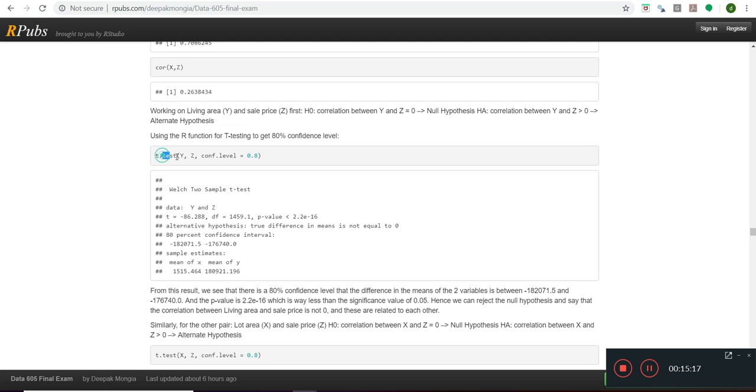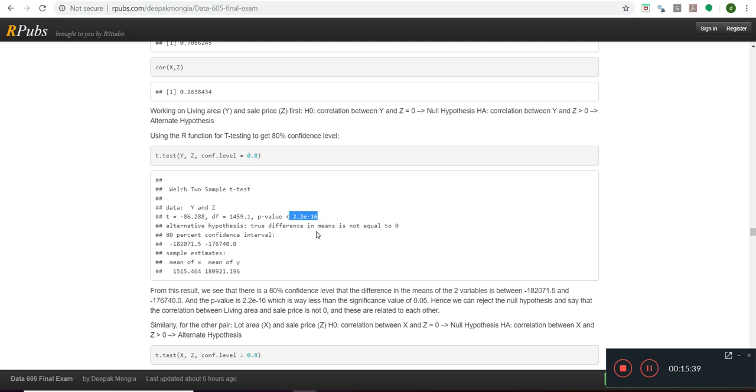So here we'll use a t-test, and then we see that at 80% confidence level the difference in the means of two variables is between minus 182071 and minus 176740. So the p-value comes out to be very small.